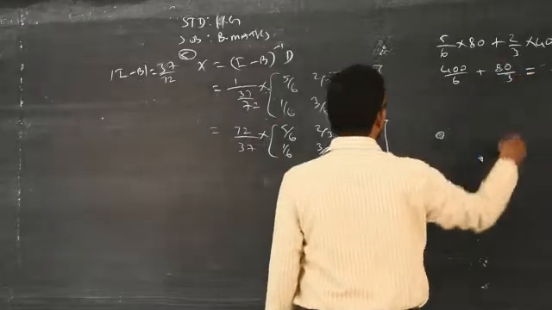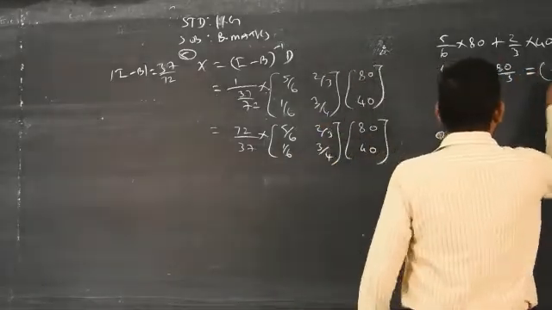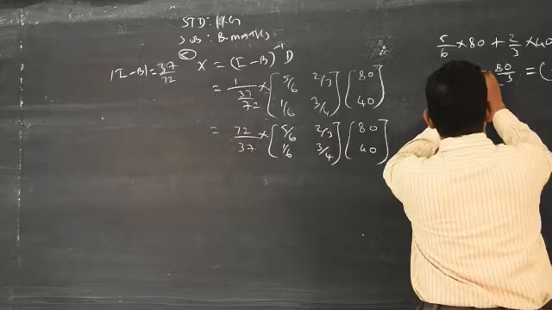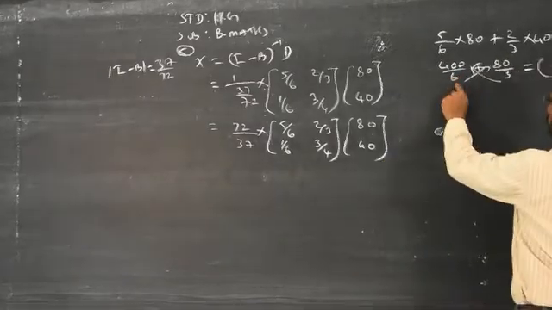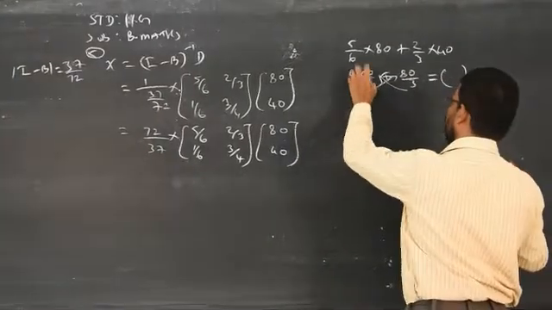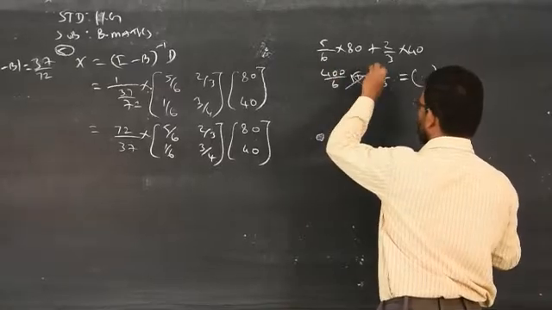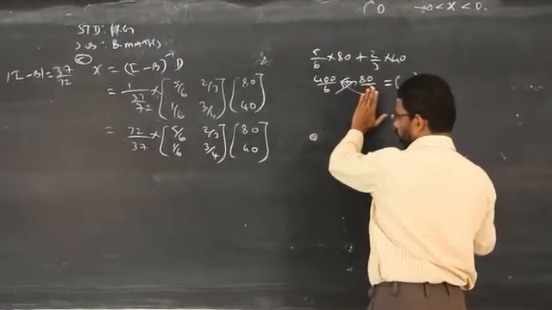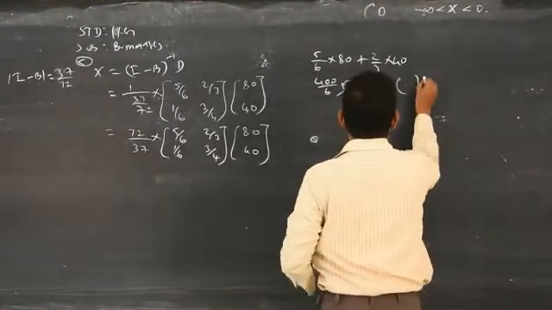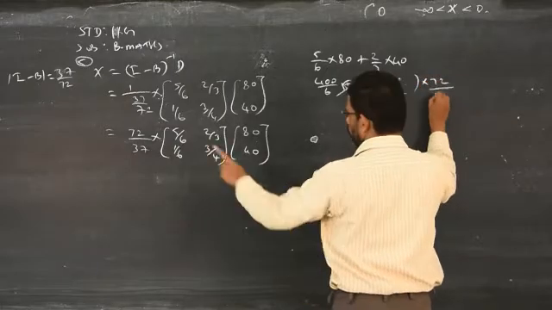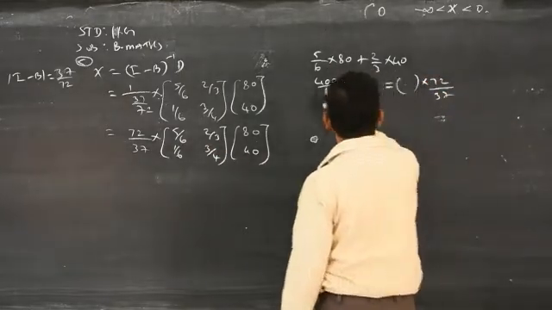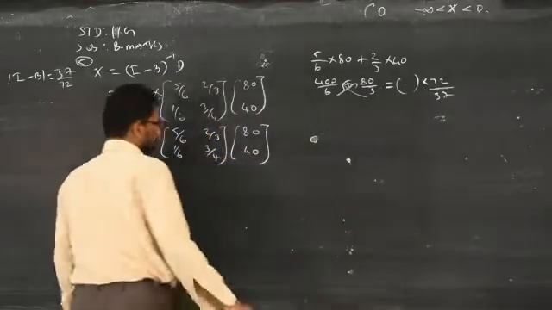Use the calculator and simplify. Either you go for cross multiplication or divide using the calculator, you will surely get decimal values. Add both and multiply that answer by 72 by 37. This is one way of doing the problem.